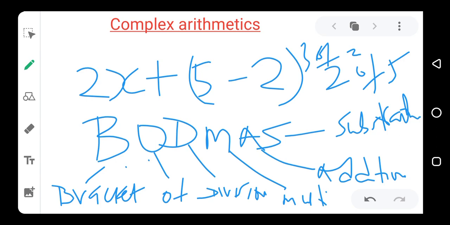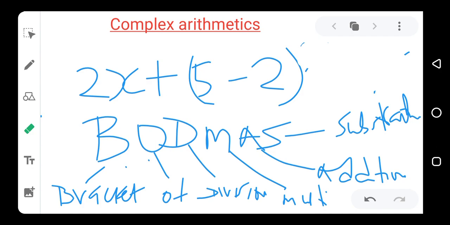If it is there, that is the next thing you are going to solve. If there is no of, then you go to division. If there is no division, you go to multiplication. After multiplication, you go to addition. After addition, you go to subtraction.